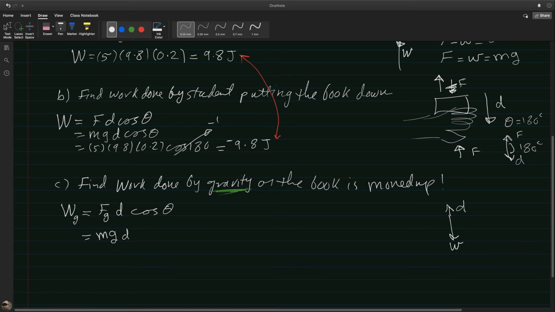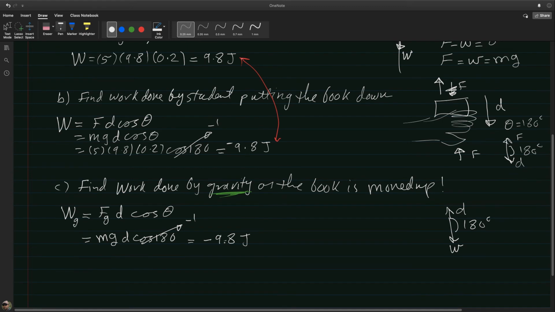So that's gravity, which is W. But the book is being moved up, so what's the angle? It's 180 degrees. So I have to say here cosine 180. Cosine 180 is -1. And if I do the same calculations with the same numbers, but minus, 9.8 joules. So on the way up, gravity did work that is minus 9.8 joules.